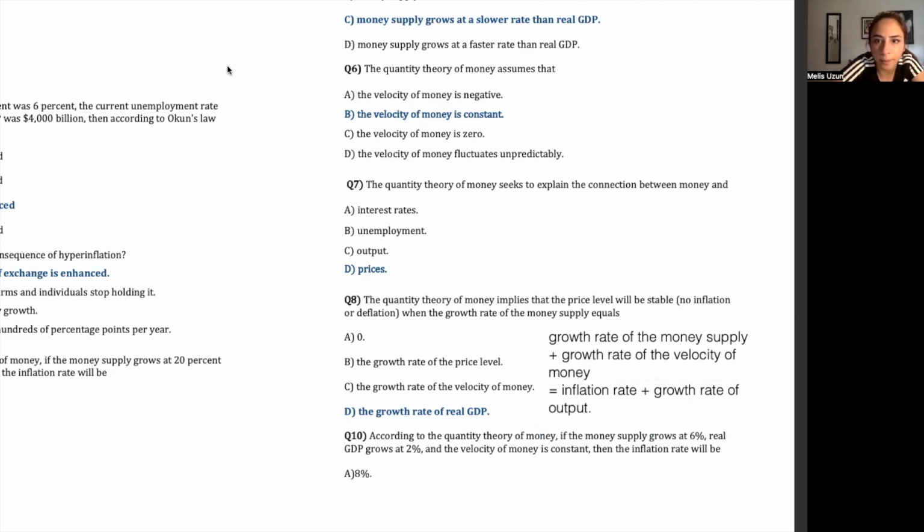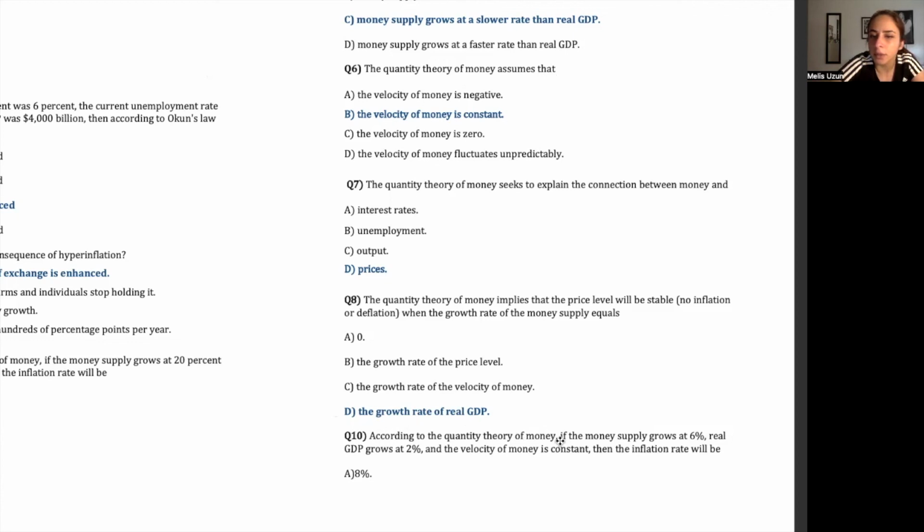I'm deleting this. And the growth rate of velocity of money is constant, so I'm deleting this too. So the growth rate of the money supply is equal to the growth rate of output. Real growth rate of output means the real GDP. So option D is the correct one.